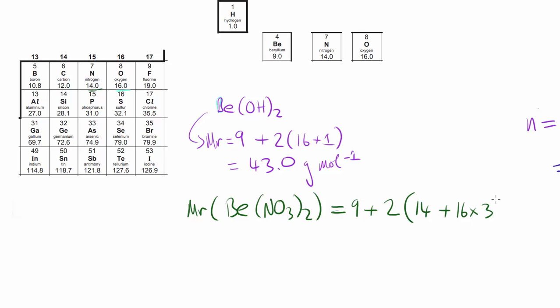Because we've already got the 2 on the outside, that's fine. If you work that out, you're going to get the molar mass of the beryllium nitrate. You would have found that you got 133.0, and it's a molar mass, so it's in grams per mole.